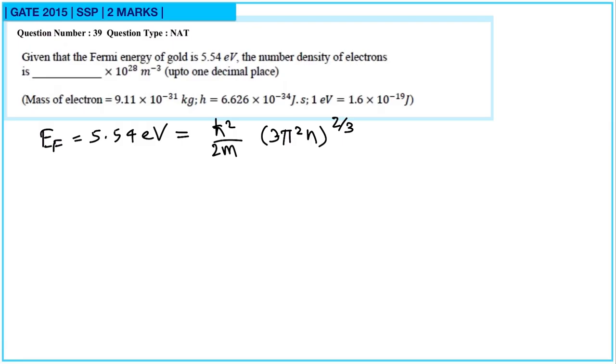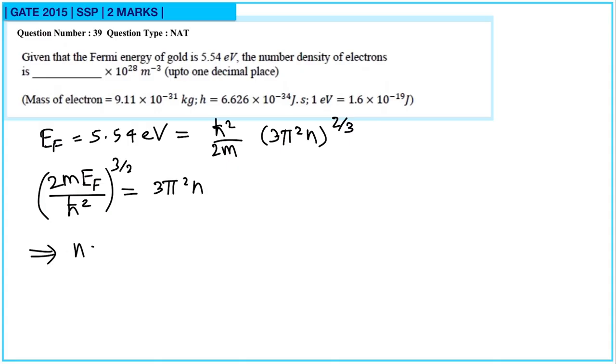Now from here we have to calculate n. So twice m EF upon h cross square will be equal to 3 pi square n raised to 2 by 3. So take the power 3 by 2, that will be equal to 3 pi square into n. So n is equal to 1 upon 3 pi square into 2 m EF upon h cross square, whole raised to 3 by 2.